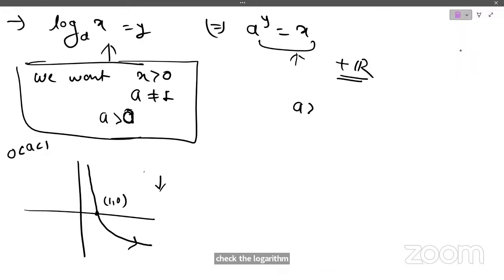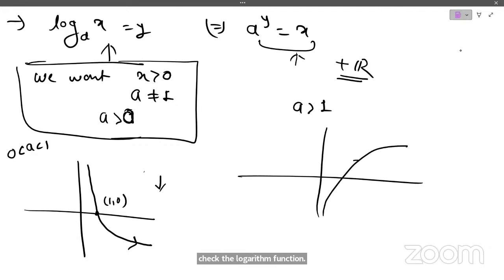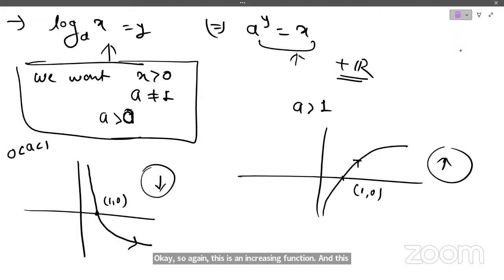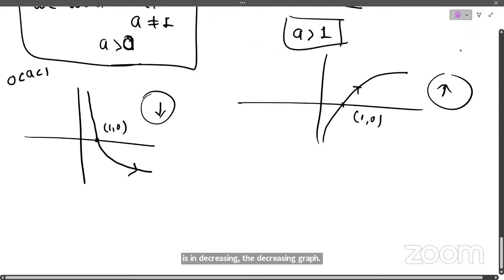Similarly, if your base is strictly greater than 1, then the graph of the logarithm looks something like this. Here also the x-intercept is (1, 0). This is an increasing graph when a is strictly greater than 1, and the other is a decreasing graph.